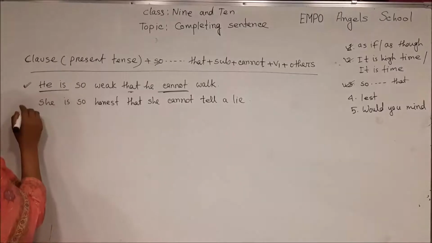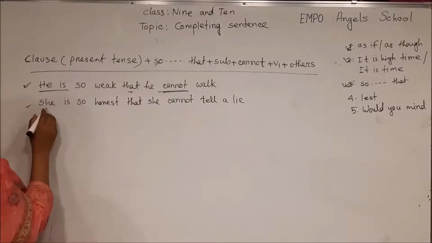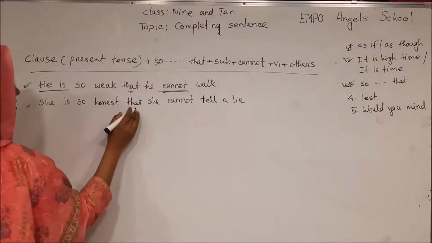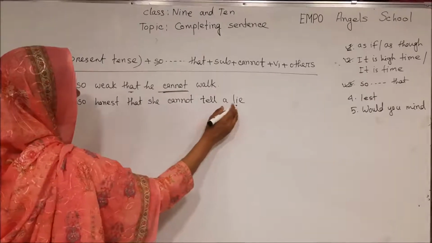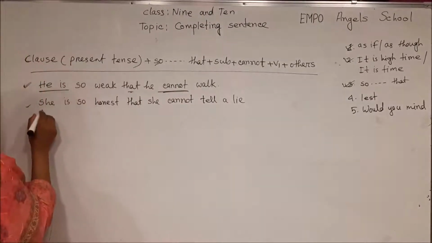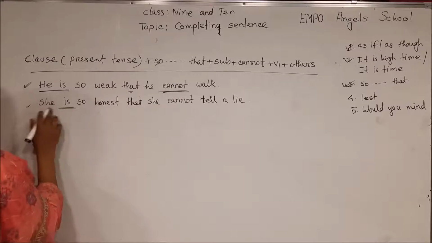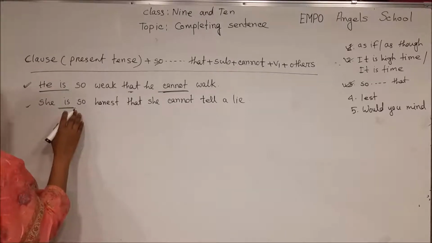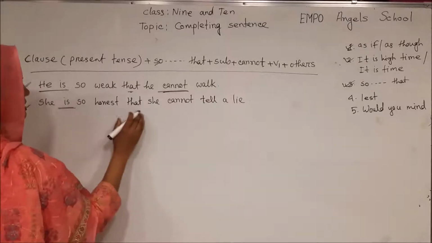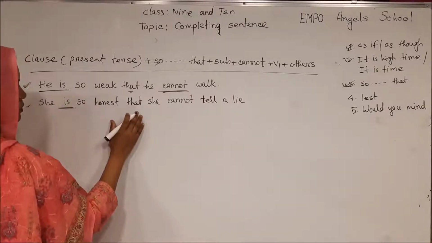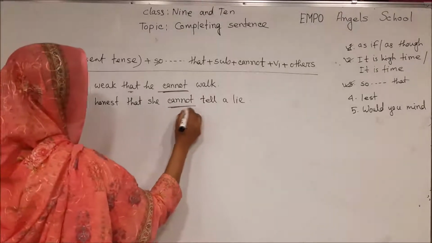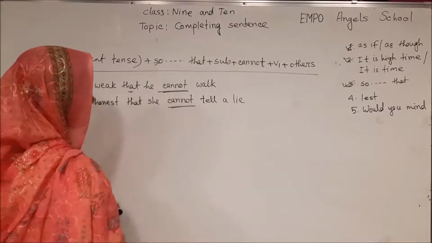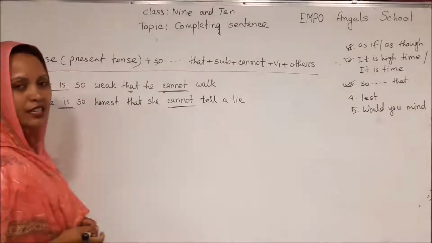In the second sentence, you can also see she is so honest that she cannot tell a lie. In the sentence, she is. You can see it is in present form. So, after "so honest that", we have to take "cannot" and then verb one to complete the sentence.